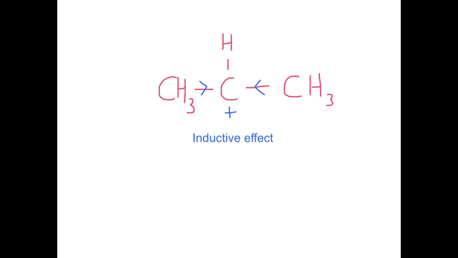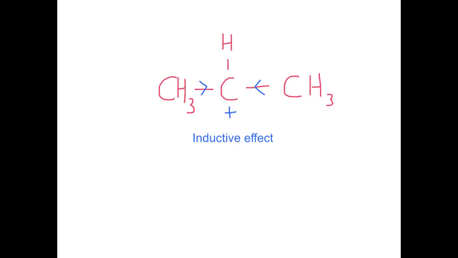have something called an inductive effect. It means that they're able to push electrons, because carbon isn't very electronegative, towards that central carbon. They can do this much better than hydrogen atoms, because hydrogen atoms obviously only have one electron and they're already sharing it with the carbon.